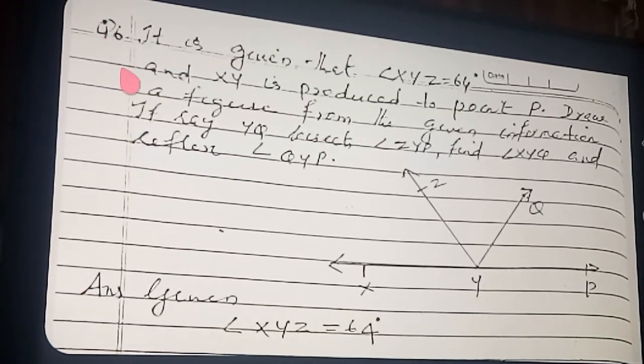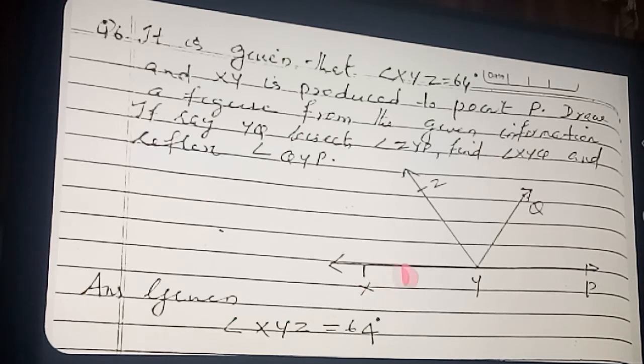Now read question number 6, all of you. It is given that angle XYZ is 64 degree. Any one angle is given as 64 degree. And XY is produced to point P. See here. XY extended to point P. We have to draw the figure from the given information.